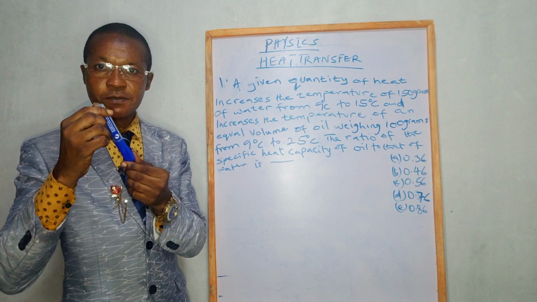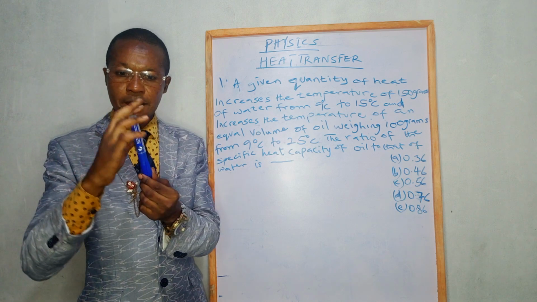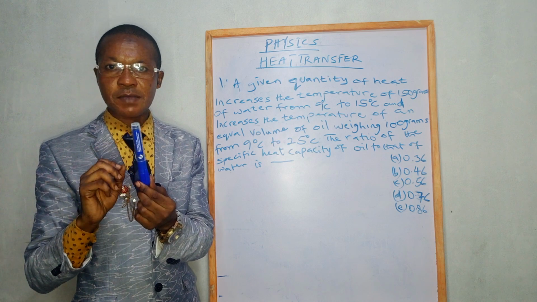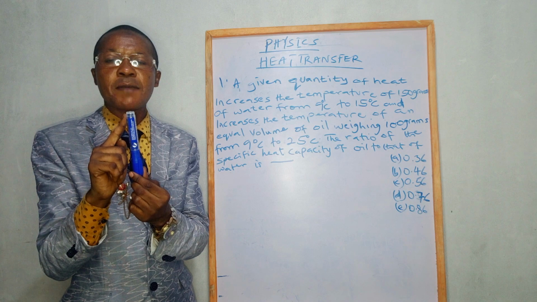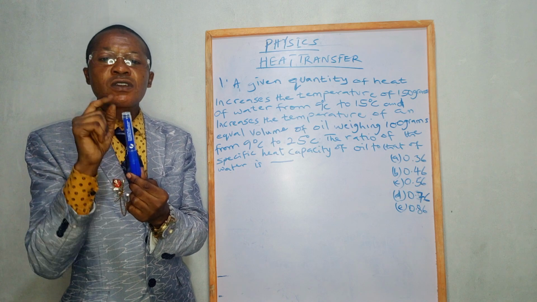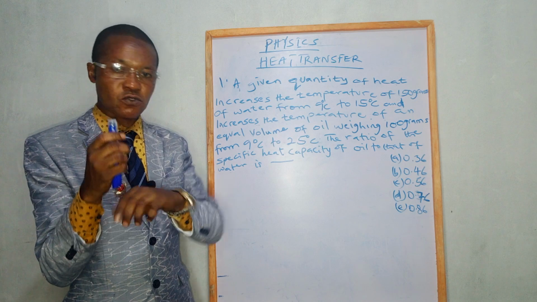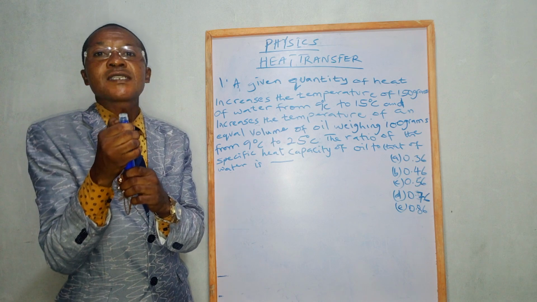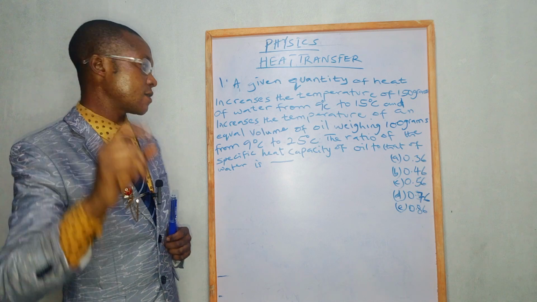Let's assume this is my body. Under specific heat capacity, the whole of this body does not concern me. I'm only particular about just 1 kilogram of this body. What I'm after is that particular amount of heat that is required to raise the temperature of 1 kilogram of this body by 1 degree Celsius.